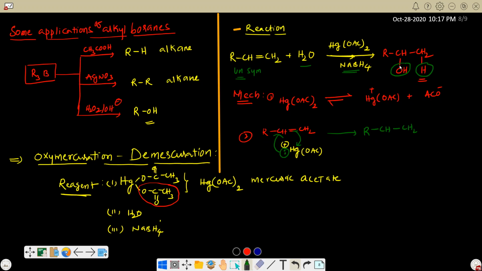So OH, the negative part of the reagent, chooses the carbon having fewer hydrogens of the double bonded carbon system. So if you go through the mechanism, step one, what happens? This mercury acetate will be dissociated into mercury ion plus acetate ion. Now this is an electrophile.